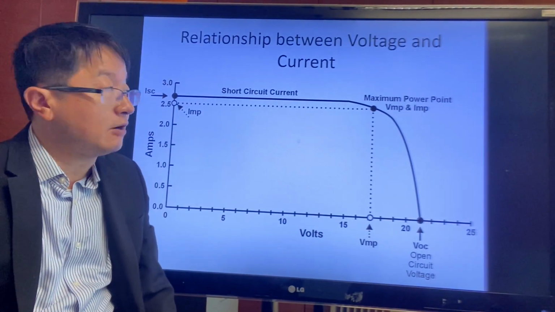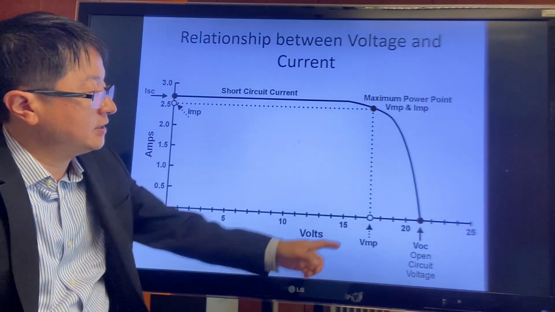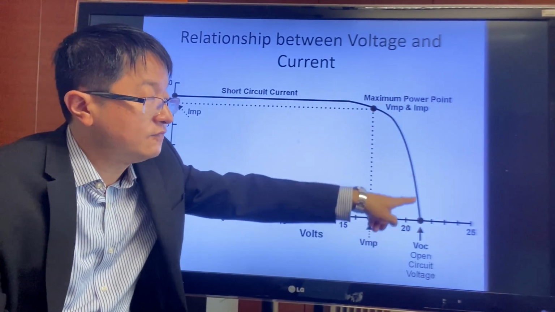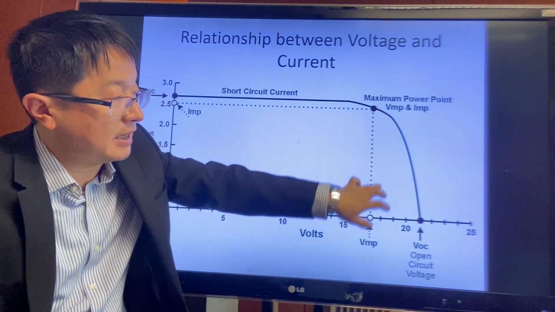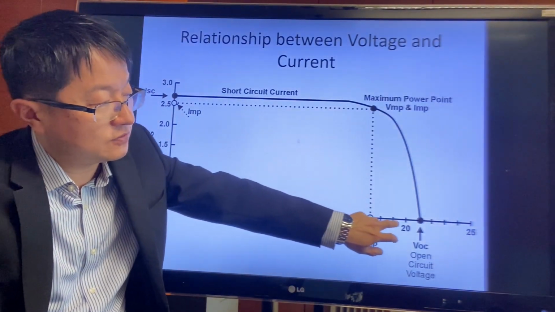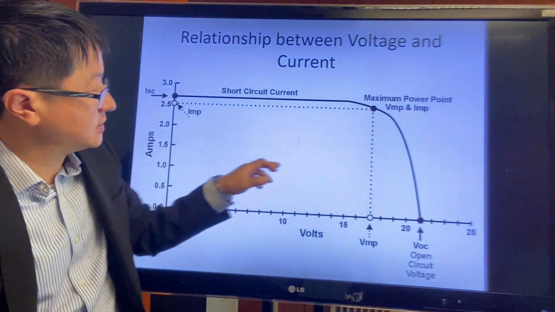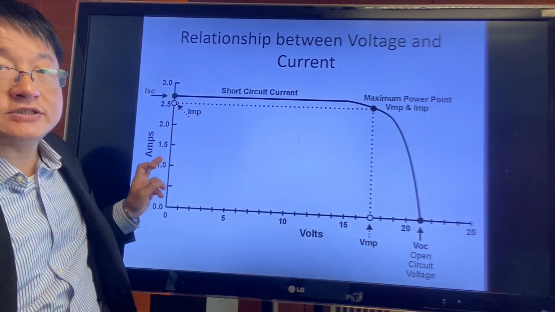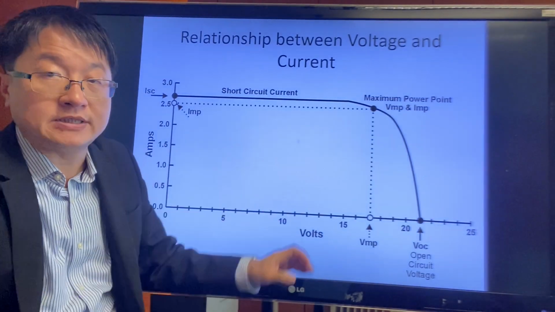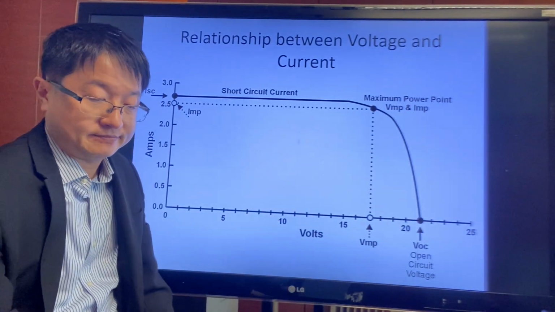What if the power point setting is somewhere here? Yes, you can achieve a higher voltage, a little bit higher compared with this 17 volts to 20 volts, but the current is lower, dropping almost half, so the total power output is also much lower.